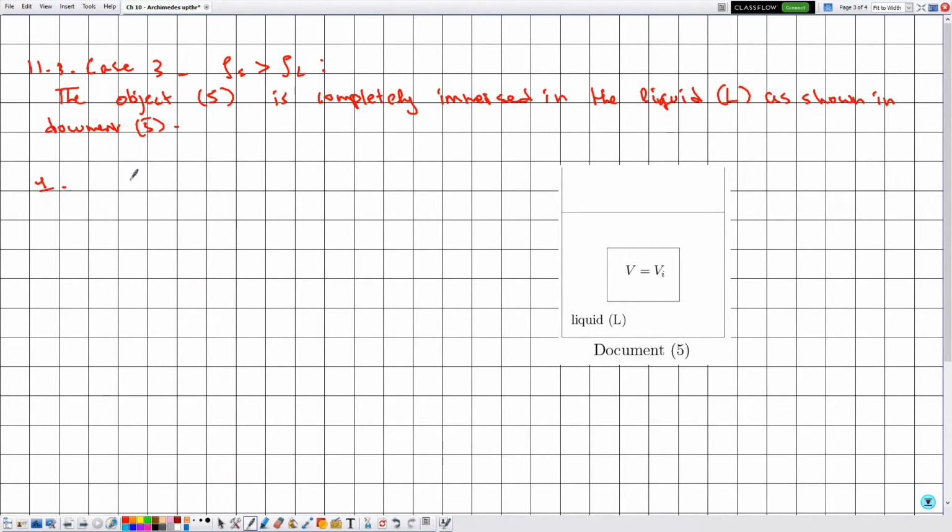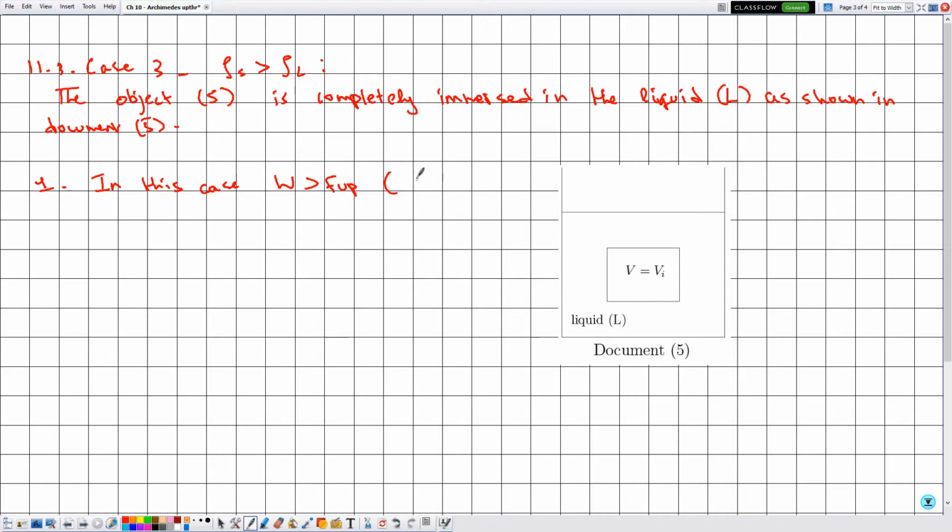So idea number 1, in this case W, the magnitude of W, and here by W I mean the real weight, is greater than F upthrust.